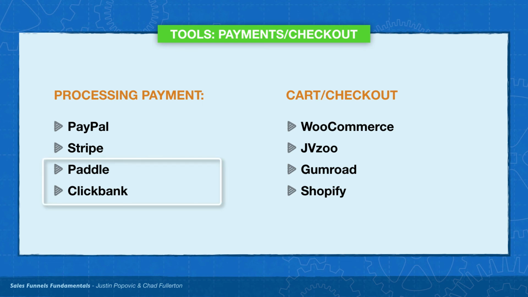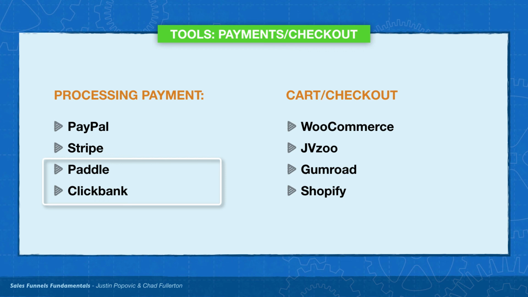I've put these two on the screen just because they are a little bit different. Paddle.com and ClickBank, which has been around for forever in the marketing world, act differently because they act as your merchant of record, which essentially means that they sell your product on your behalf.